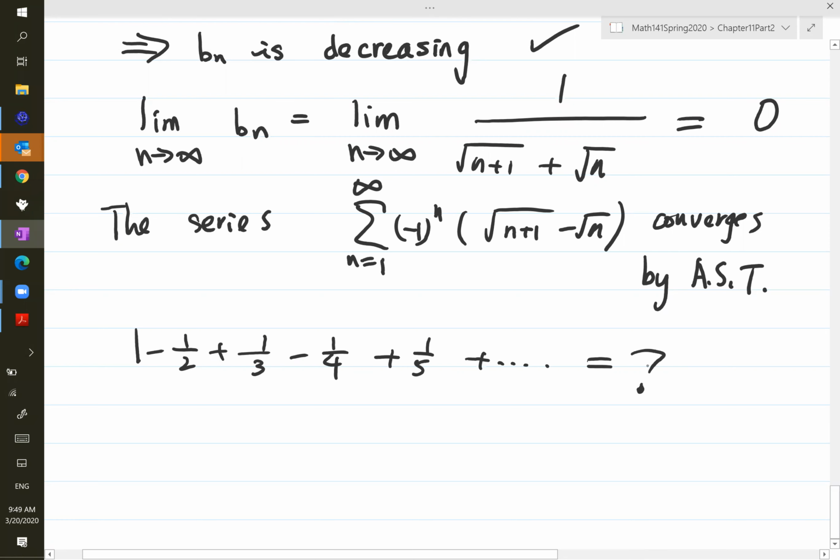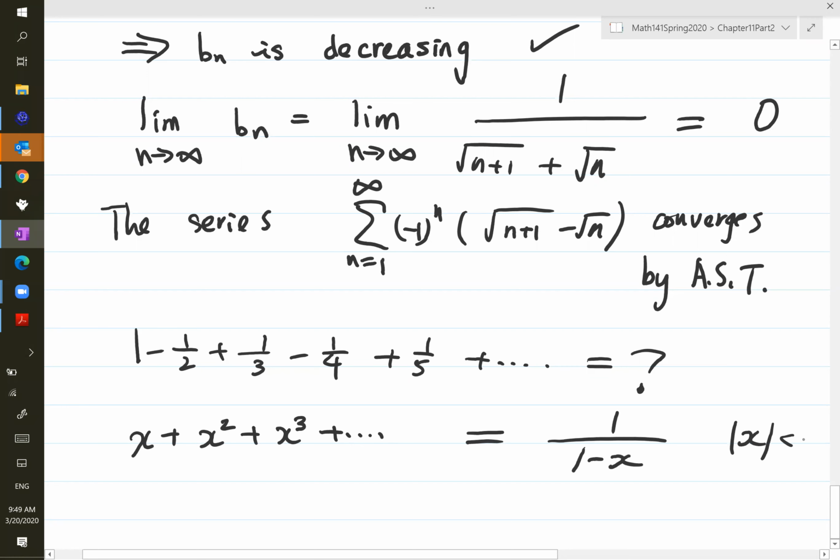Actually, in an earlier section, we did this example. Remember, we have the series x plus x squared plus x cubed, etc., which is x over 1 minus x, where the absolute value of x is less than 1.